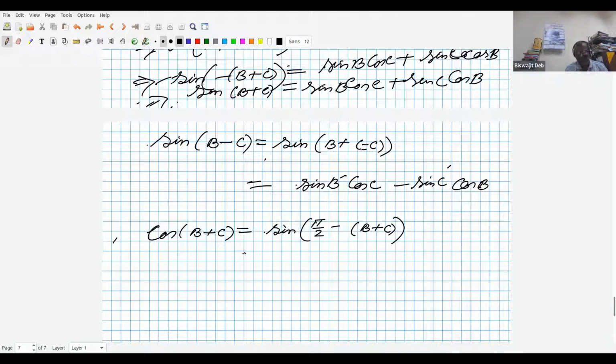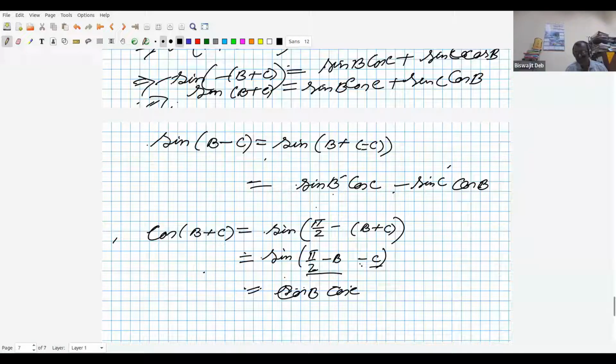So this I can write as sine of pi by 2 minus B, then minus C. So this is one part and this is another part for me. Let us use the sine B minus C formula. Sine of pi by 2 minus B is the same as cos B, and then cos C.